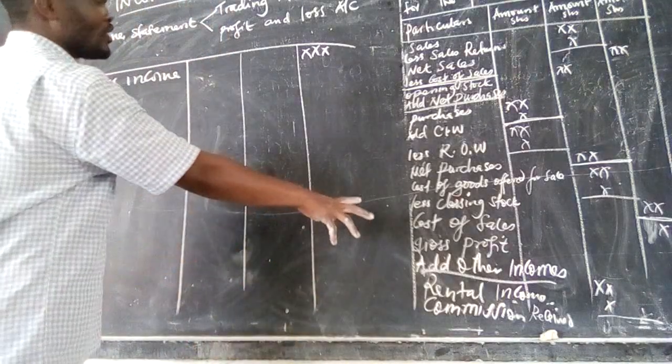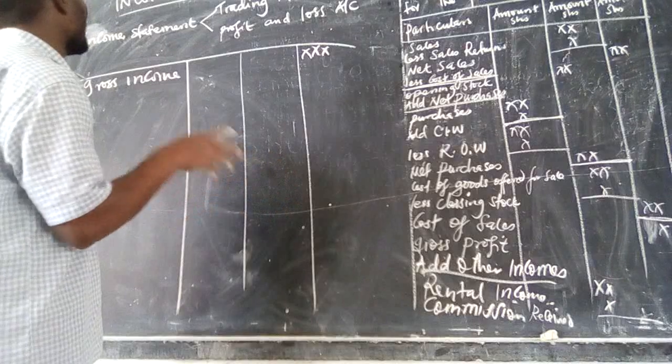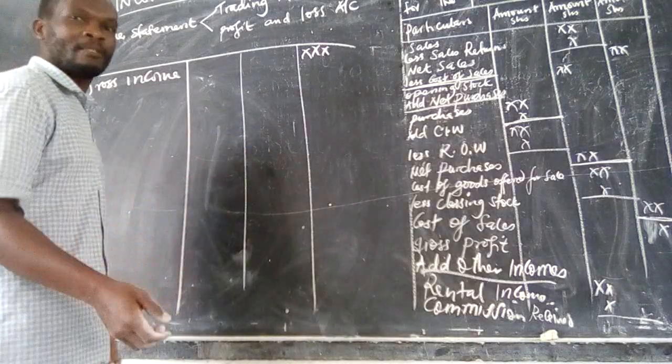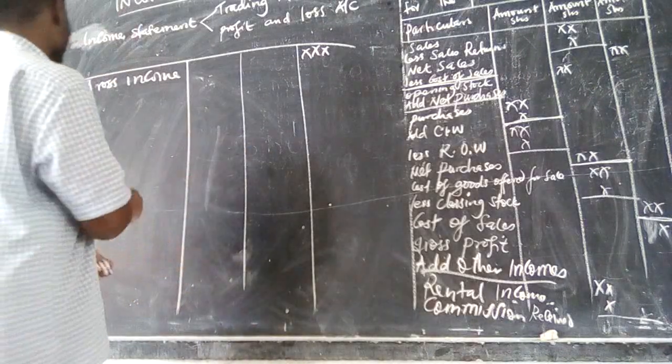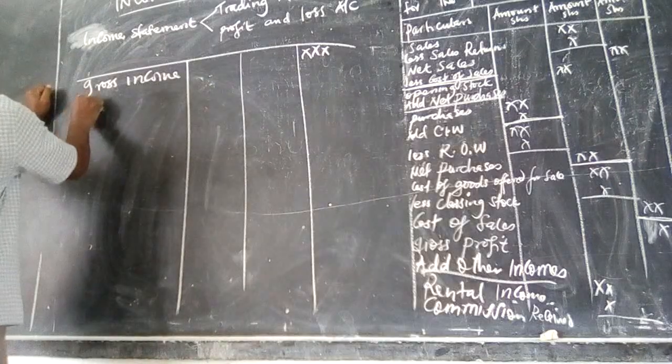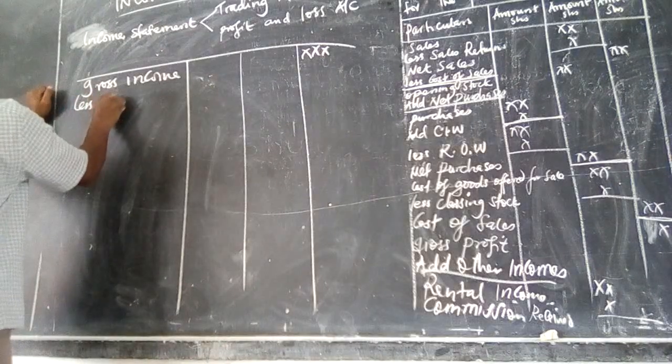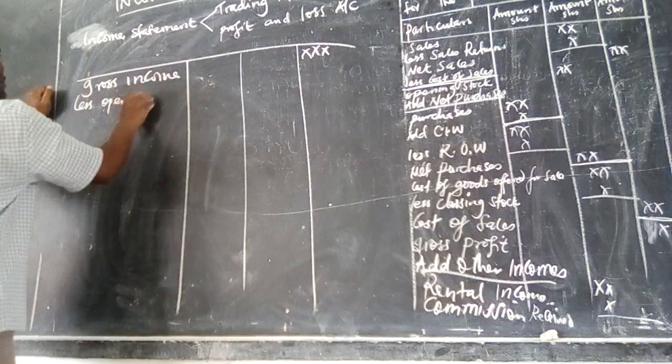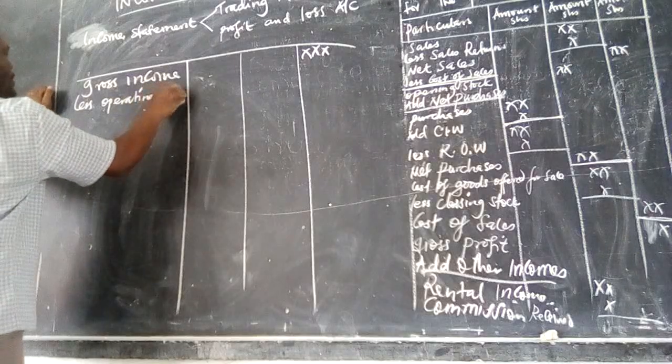So after getting to know the total income the business has, you can start paying the expenses as an entrepreneur. So we say less operating expenses.